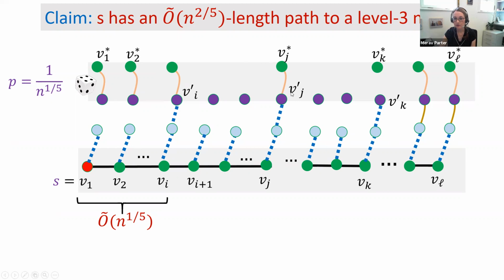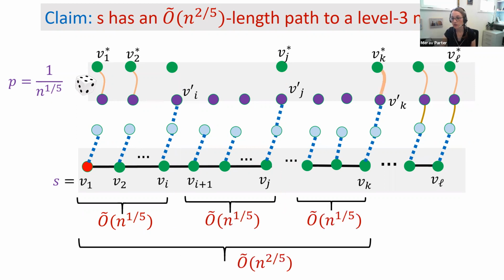If the edge connecting V prime J to its parent Vj star has been sampled, then again, I'm lucky and I stop. Otherwise, I continue this trick and I need to repeat it at most n to the 1 over 5 many times, and I end up with a path of length n to the 2 over 5.